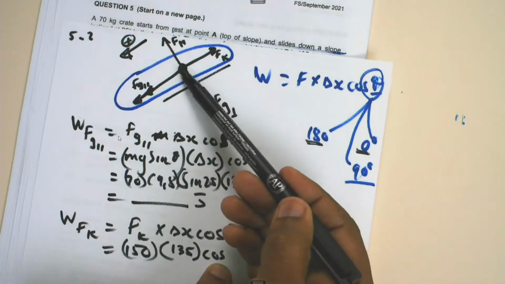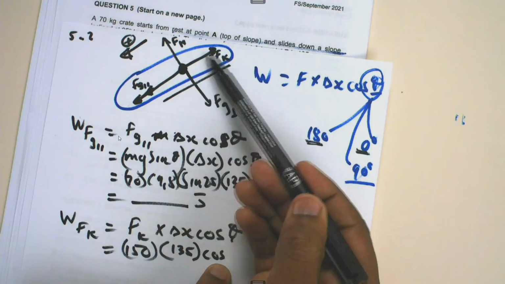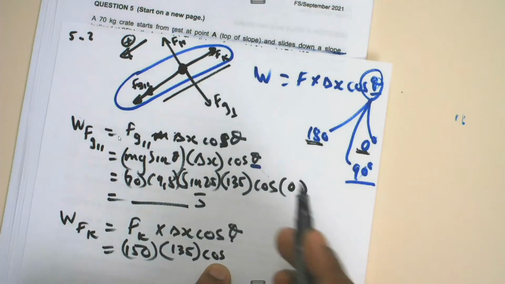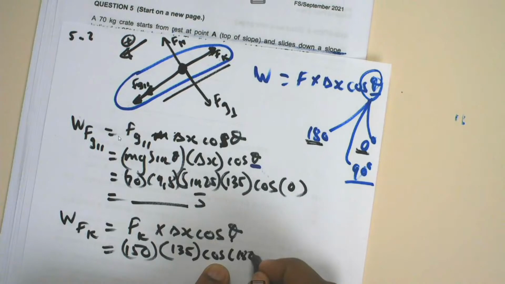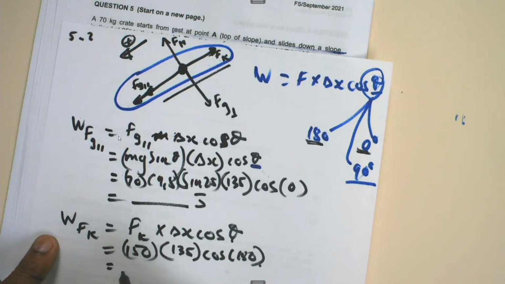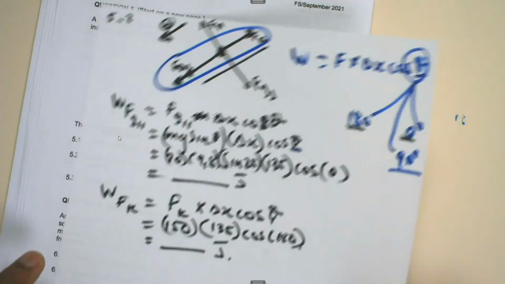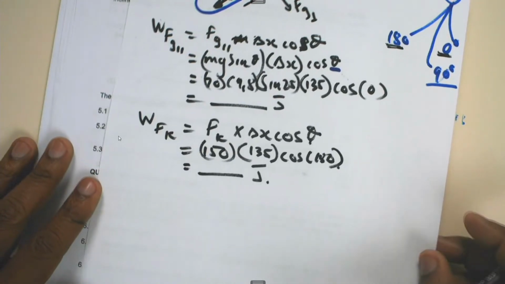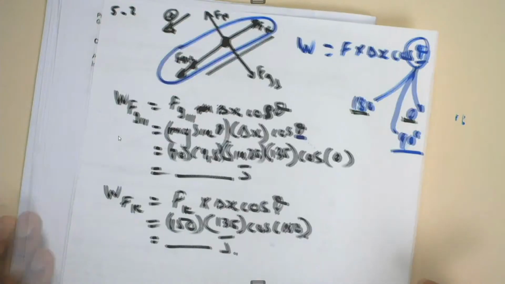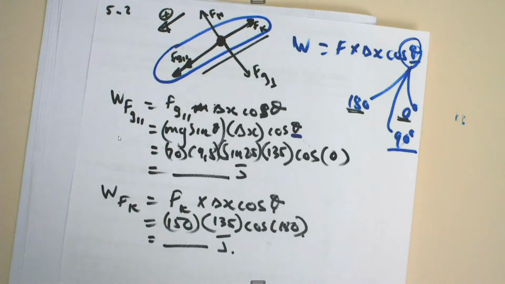When I look at the direction of the force, it's in the opposite direction to the displacement, so it will be cos of 180, and then I will get my work done by Fk.